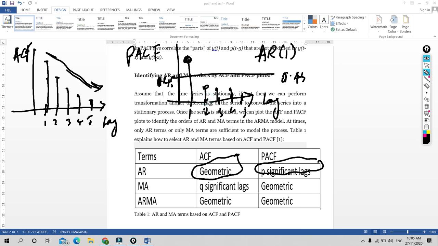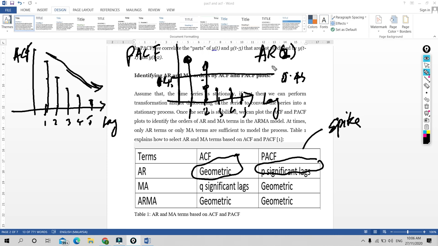Now, if you have it like this, I have ACF here and PACF.